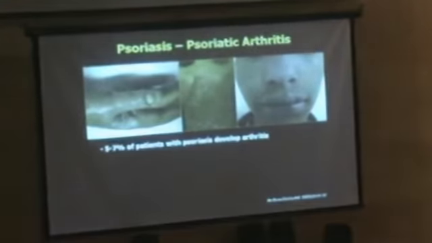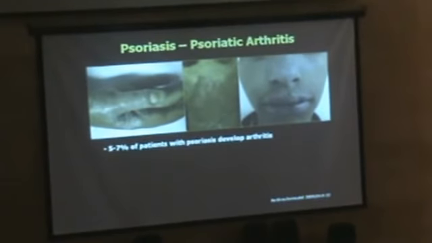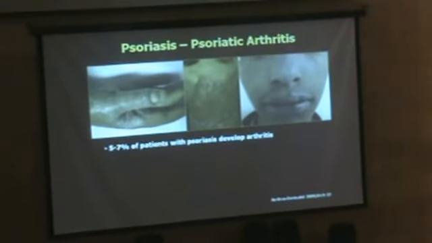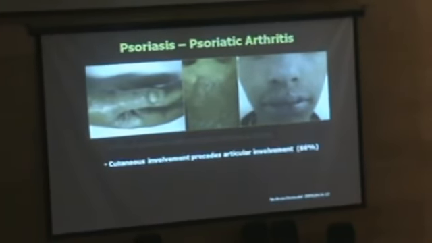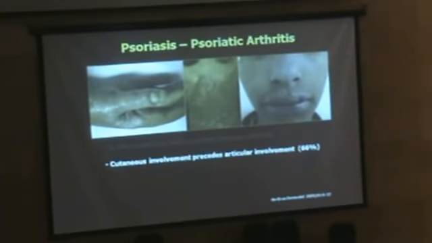So what's the relationship between psoriasis, which is the cutaneous manifestation of disease, and psoriatic arthritis? Just to know that 5 to 7% of patients with psoriasis develop arthritis. So this is a number that you should have in mind. In most cases, up to 70%, the cutaneous involvement comes before the musculoskeletal involvement.